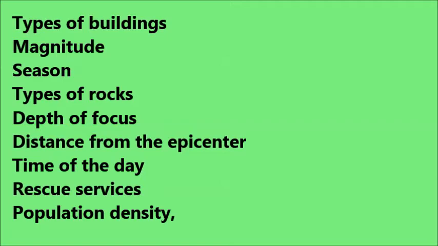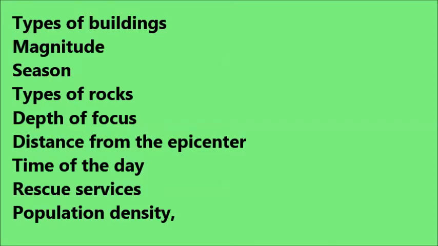If a certain place has less resistant rocks, more destruction will take place. If the focus is very close to the surface, that means more destruction also. If a place is closer to the epicenter, that will lead to more destruction.